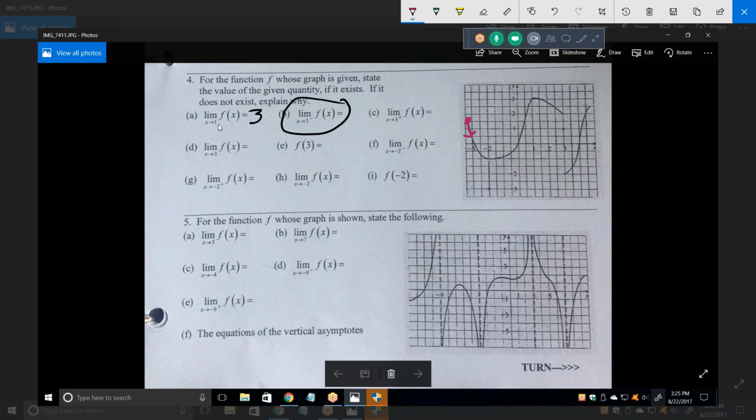Well, this is what it is. Or, excuse me, I didn't really draw that right. Hold on. In other words, what it really is, this point right there.